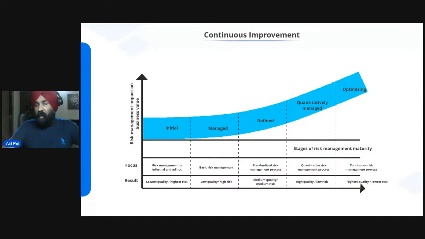Then defined, where you have a well-defined risk management process. Quantitative management, you're not only following a risk management process, but also measuring it, and then optimizing on the basis of measurement, taking measures to improve upon it. So this is about the risk maturity model.